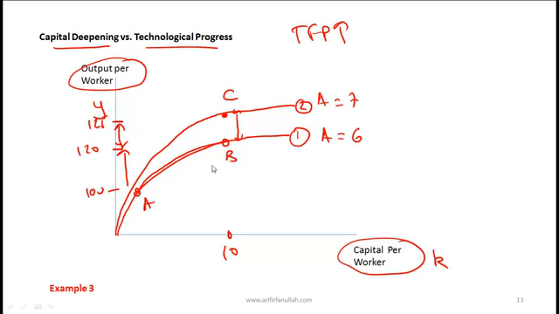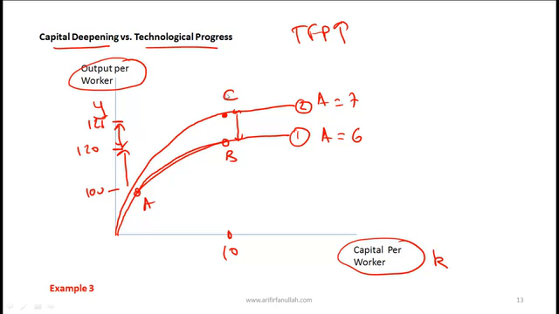So a summary point here is that if we want a sustained improvement in our productivity or output per worker, then that will only come through improvements in technology, because capital deepening will improve output productivity to an extent, but after that we are essentially flat.